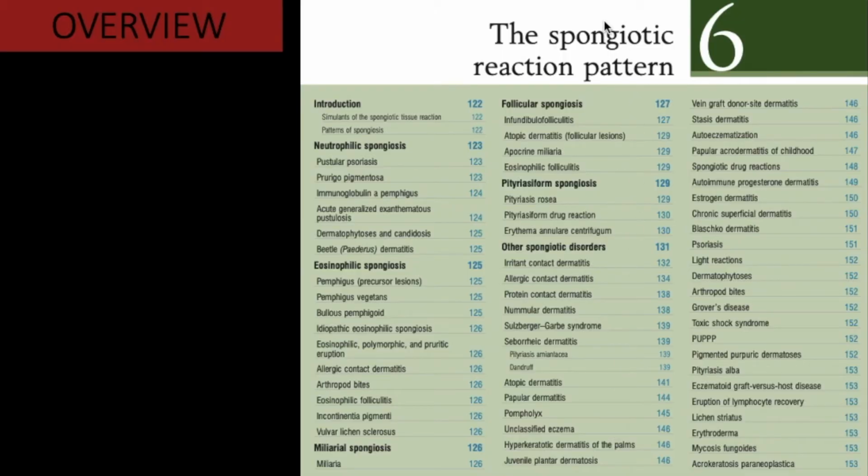So spongiotic reaction, if you look into the chapter, it has a lot of diseases. It is intimidating to think about all these diseases that you have to learn in 20 or 25 minutes. Instead, I would give you in these 20 to 25 minutes an overview or base knowledge that helps you differentiate those different entities based on specific features.